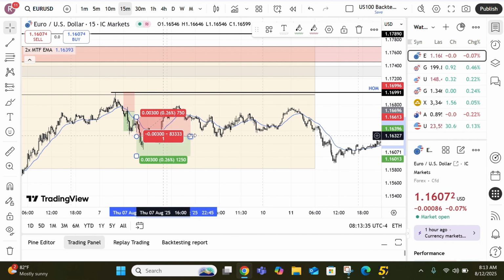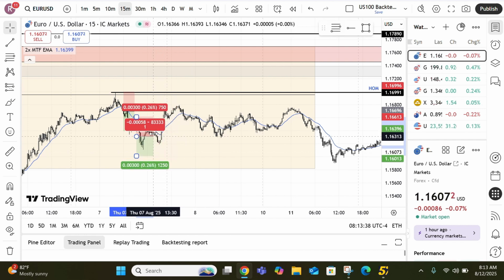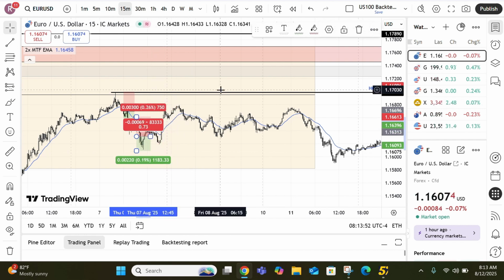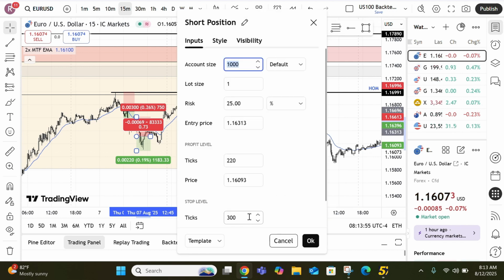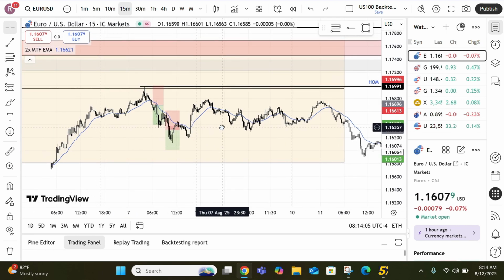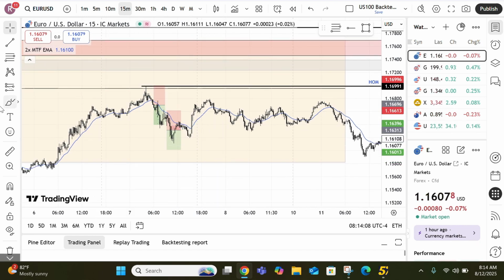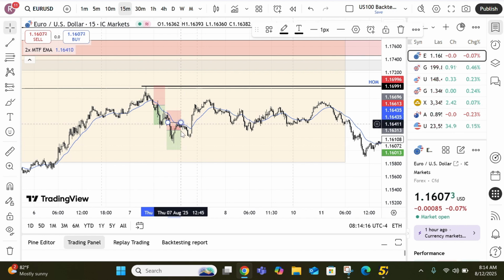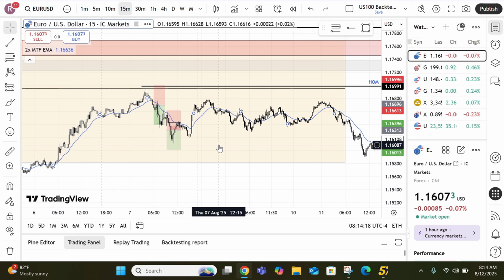So the reason why it was not a whole 30 pip loss is because I have a trailing stop worked into the EA. So the EA also does the trade management for me. So it does the entry and it does the trade management. And so I had a trailing stop. So price would have, the trade would have gotten stopped out when it came back up here, because the trailing stop would have moved down because we were in profit.